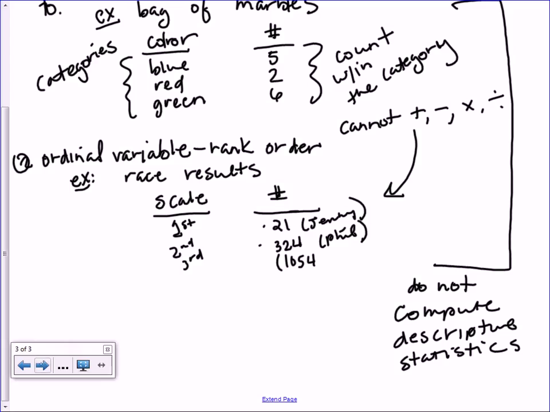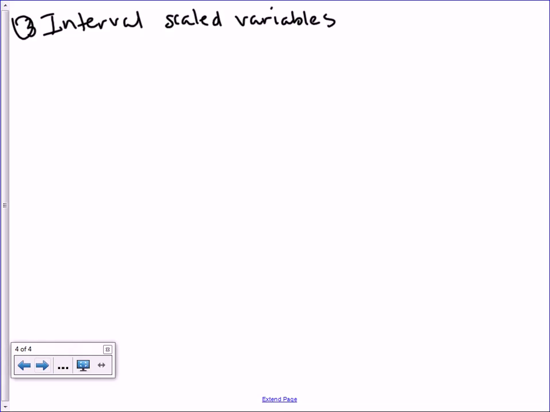What we need to do now is talk about the 2 types of variables that do allow us to talk about descriptive statistics, and these are the interval scaled variables and then the fourth one will be the ratio scales. Okay, so the interval scale variables, they represent raw scores.